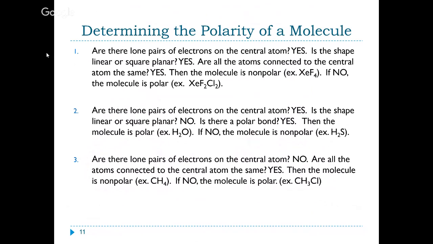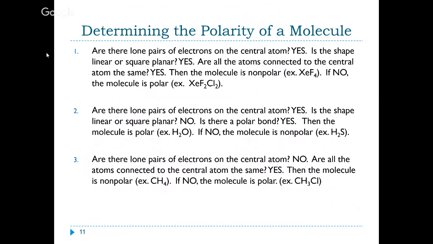Like in CH4, they're all H's. Or in H2O, they're all H's. So if they are the same, yes, the molecule is nonpolar because we would end up canceling out our dipole moments. If they're not the same, then you're going to have a resultant dipole moment, i.e. then the molecule is polar.